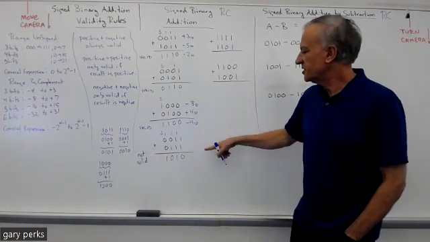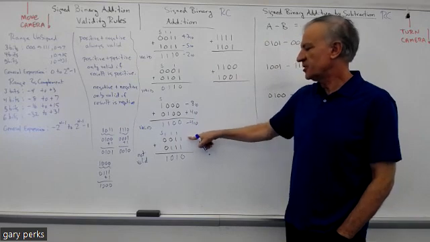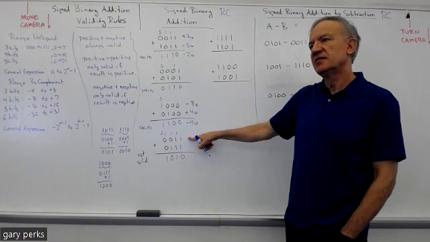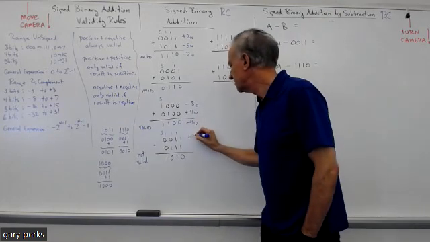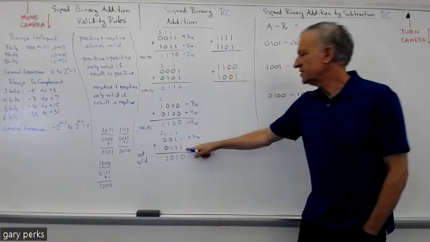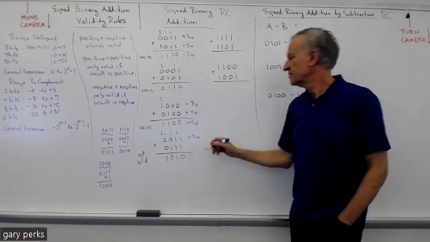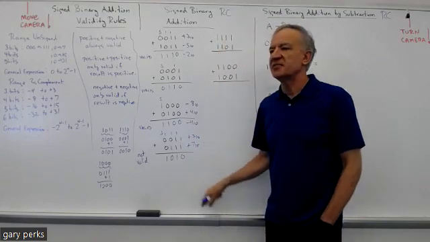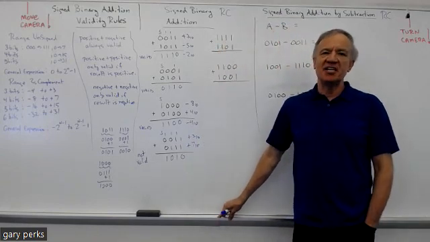So let's convert this to base 10. What is this in base 10? 3 plus 3? And what is this in base 10? 7. Plus 7. The reason I chose this example is because this is one of the common errors people make.